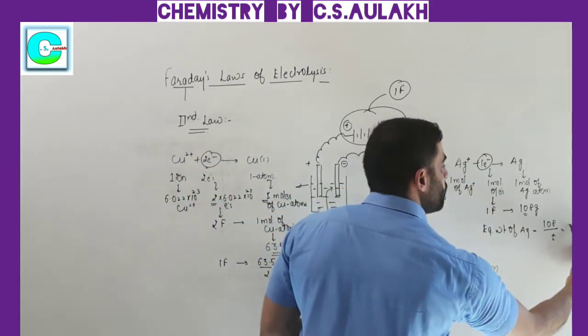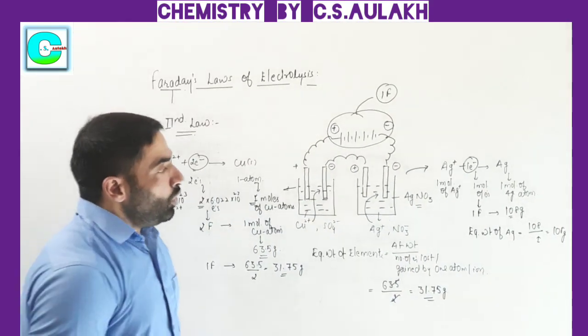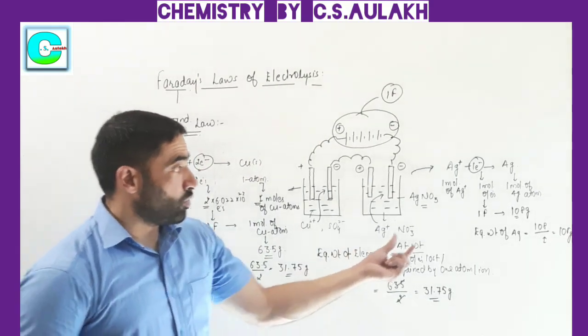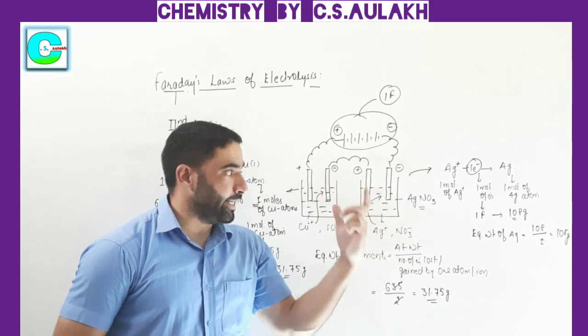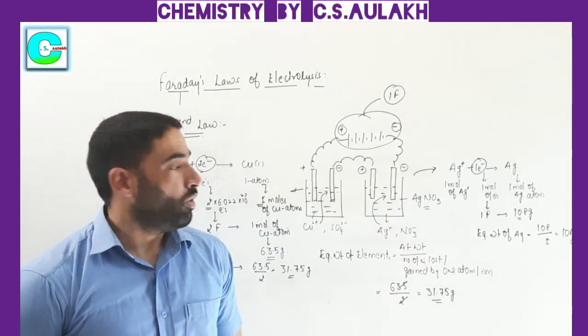Here it is 1, so we can say 108 gram again. So from this we can say, when we are passing the quantity of electricity, that is 1 faraday, there is a deposition of 108 gram of silver, which is equal to its equivalent weight also.